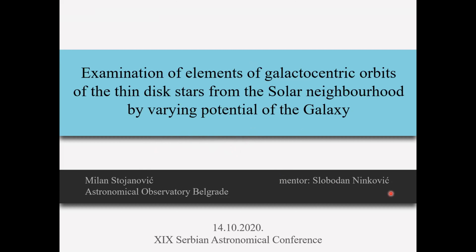I just wanted to mention that my mentor is Slobodan Ninkovic, and he presented some interesting, let's say, new insight into the galactocentric orbits this morning. So let me start with the presentation.